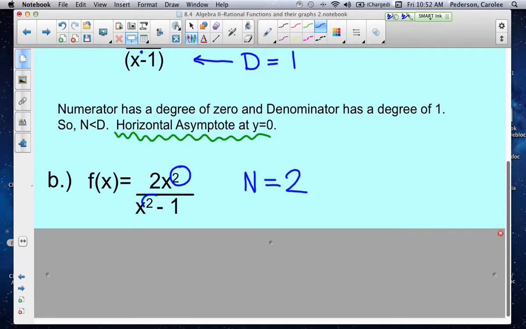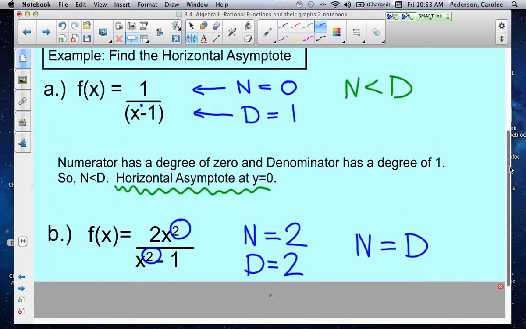The degree of the denominator is also 2. So we have a scenario where both the degree of the numerator and the degree of the denominator are equal. Now let's go up to our chart.